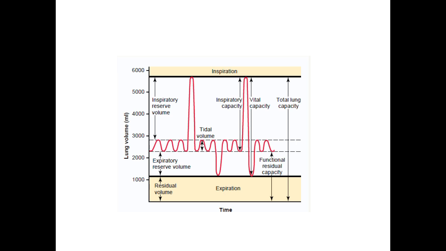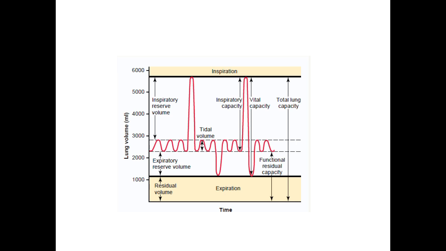Through this now you can see this is the tidal volume, which is around 500 ml. This is inspiratory reserve volume. This is residual volume. This is functional residual capacity. Total lung capacity. Now this is called as vital capacity.